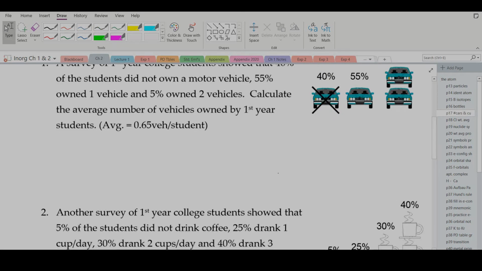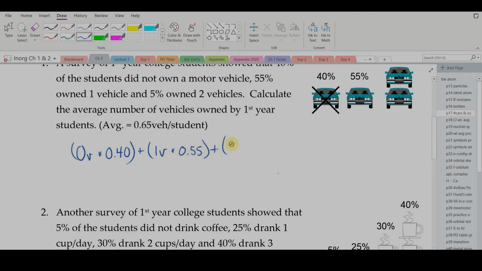I'd write something like this. I'd say 0 vehicles, and that's 0.4, 40% as a fraction. And then we have 1 vehicle, and the percentage with that is 55%, or 0.55 as a fraction.